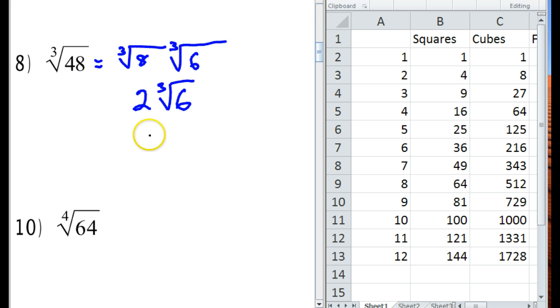There you go. Now, just for giggles, type in your calculator, what is the cube root of 48? Get the decimal. What is that? 3.634. Okay. And now go ahead and do the cube root of 6, and then multiply that by 2.